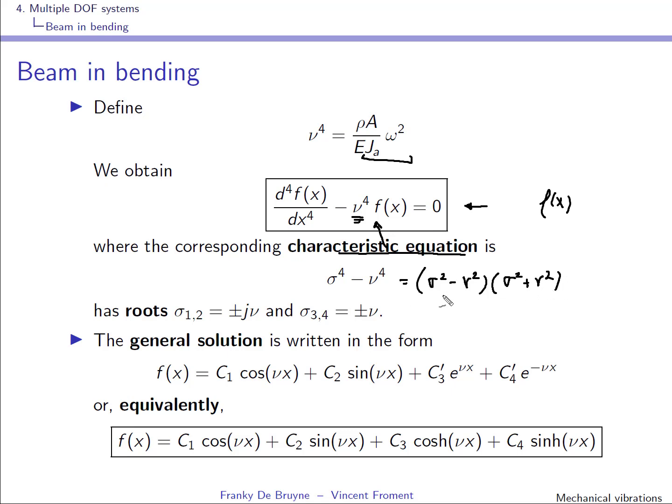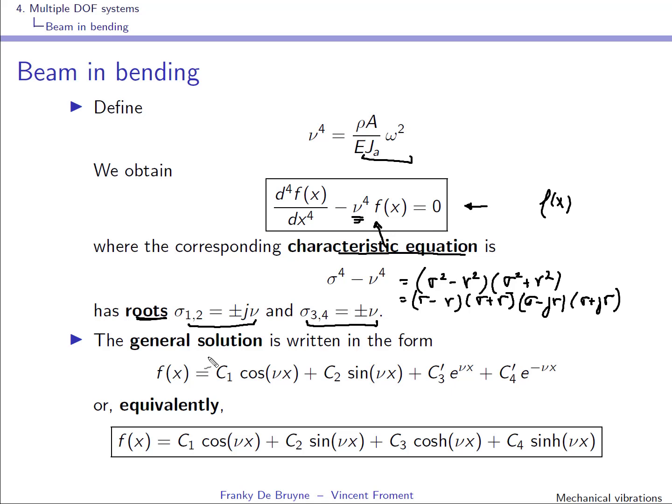This is sigma minus nu times sigma plus nu, times sigma minus j nu times sigma plus j nu. Of course there are 4 roots. This is kind of obvious from the equation, and these are the solutions. So now we can write the solution for f of x.